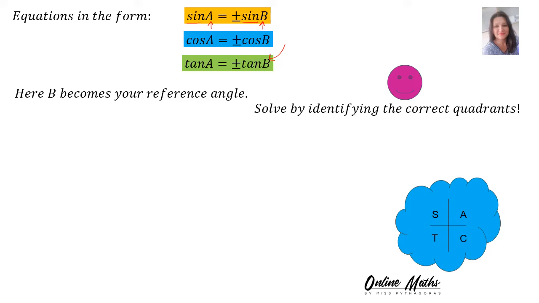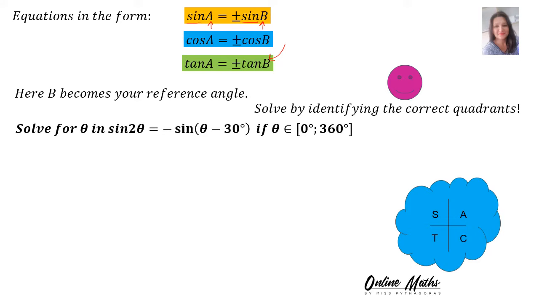Now, where to start? Let's get an example. Solve for theta in sin 2 theta equals minus sin theta minus 30. I want you to recognize this type of sum where there's a sin, and there's the plus minus. So you will say in the third quadrant, the following is happening.